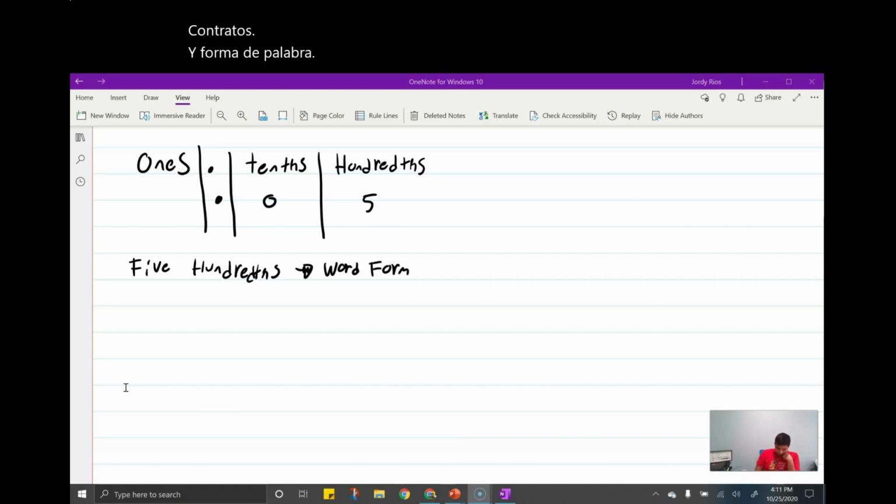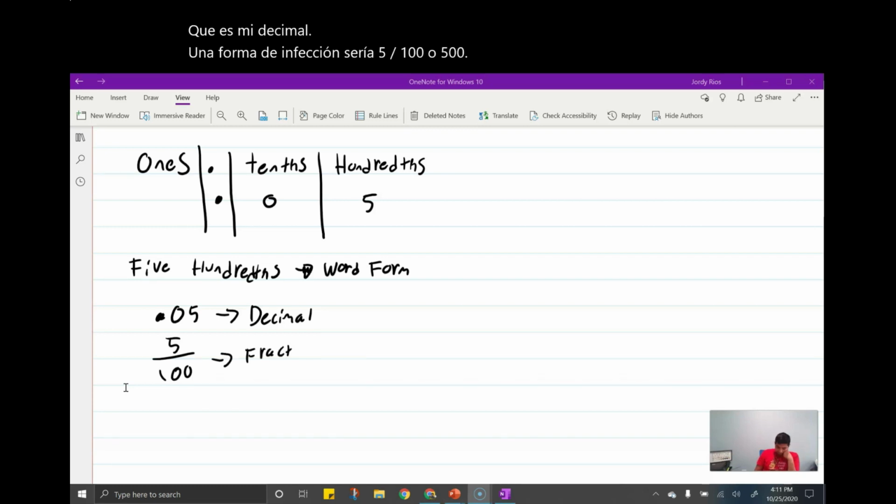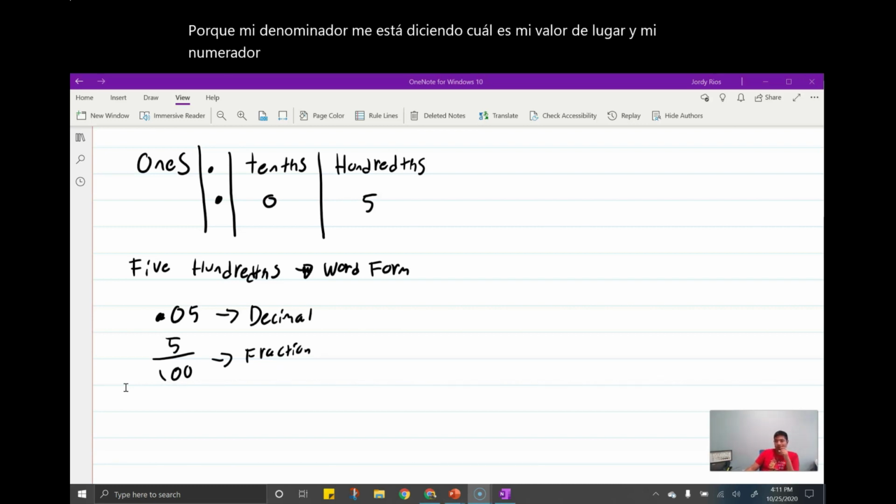Okay, so it looks like this, 0.05, which is my decimal, and in fraction form it would be 5 over 100, because my denominator is telling me what my place value is, and my numerator is going to tell me what number is actually being talked about, okay?